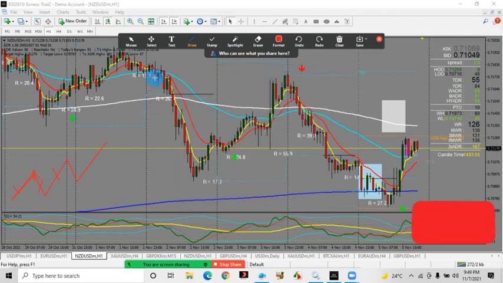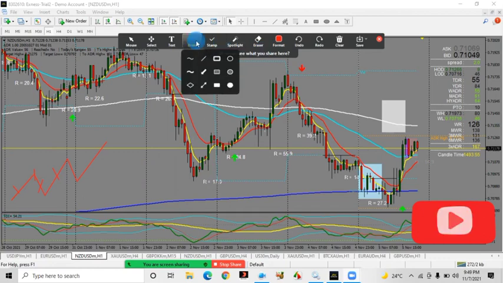So basically, the last green candle in an expansion, you mark it out. Anytime price retraces back to it, you can anticipate your setup from it.